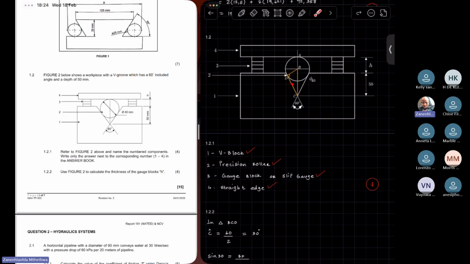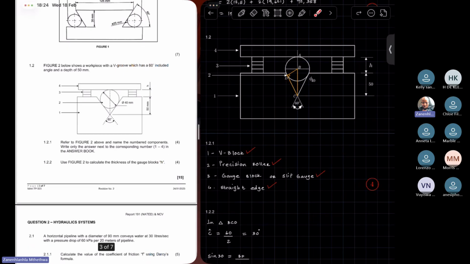Right, so this here is a precision roller, not a precision ball. But if you wrote precision ball, I'll give you a mark for it. It's incorrect though. Right, in the exam, you might not be so lucky. But for the first assessment, if you wrote precision ball, I'll give you a mark for it.